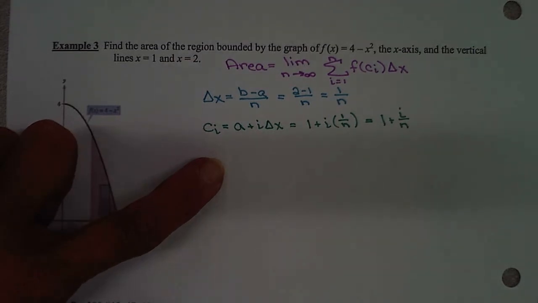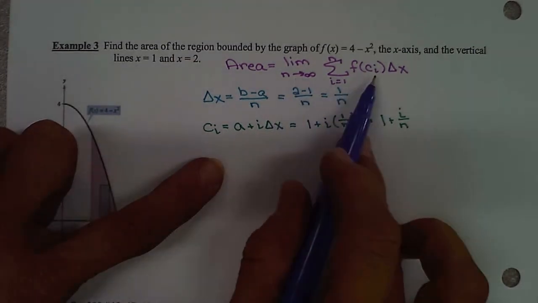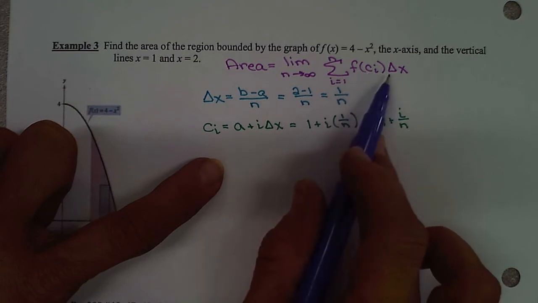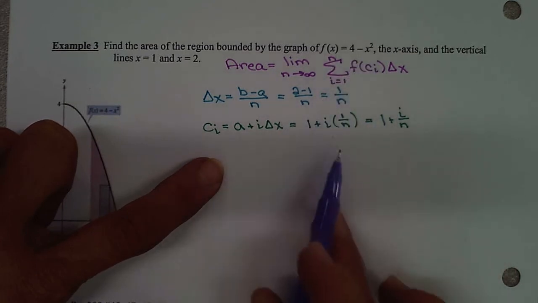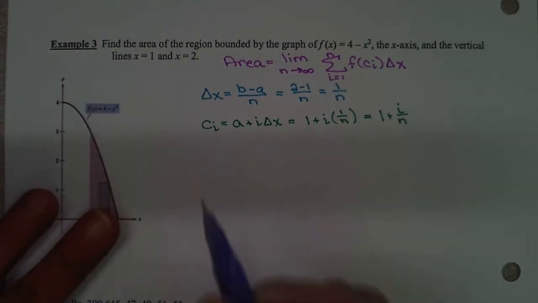All right, so next then, we need to go through and put in our c sub i and our delta x, evaluate with our formula, do all of our reducing and simplifying to figure out what the area is.